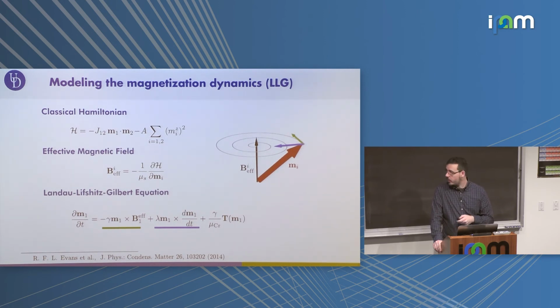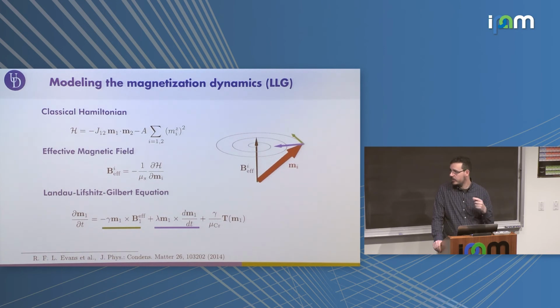So this equation has 2 terms. The first term is this green arrow, which is basically just a precession. It's responsible only for the precession of the magnetic moment.